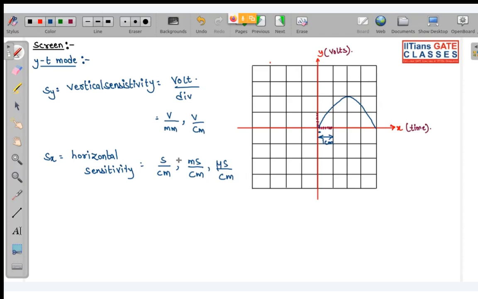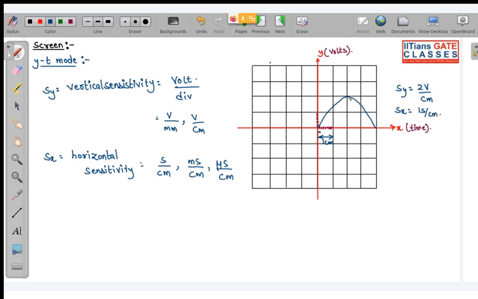Now see over here, for this particular case, suppose I give you Sy equal to 2 volt per centimeter, and Sx equal to 1 second per centimeter.